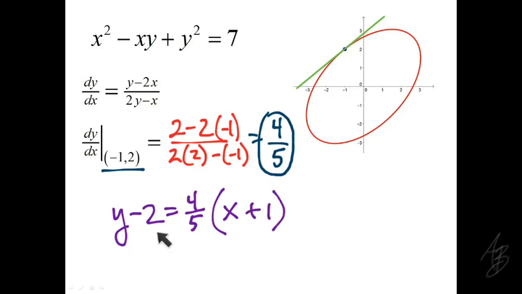So we have y minus the y value of our point equals the slope times x minus the x value. X minus -1 is equivalent to x plus 1. So we can use the derivative that we found originally with respect to x to find the slope of the curve at any given point, and also the equation of the tangent line at any given point.